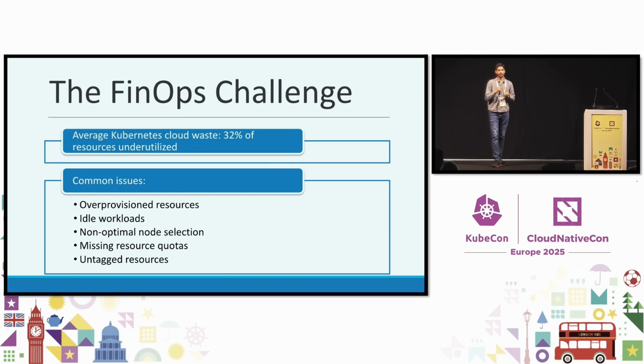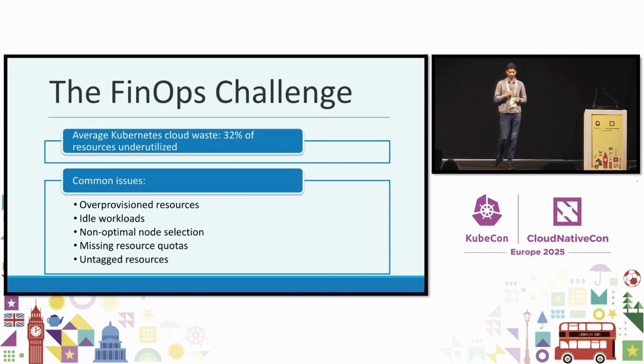And then resource quotas: we don't restrict workloads to the required resources, and instead allow people to leverage whatever the underlying hardware is capable of. And untagged resources are a problem for chargeback: if you are not able to charge the right team, you are not able to keep track of what's happening in your cloud environment.